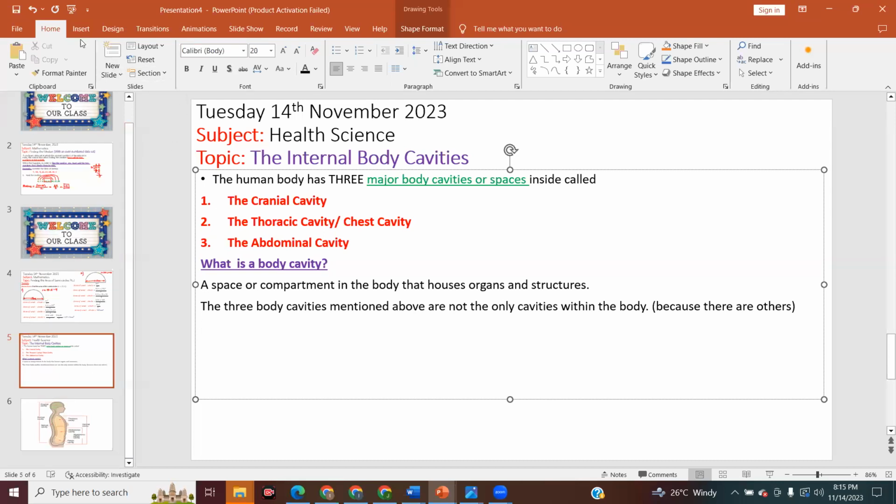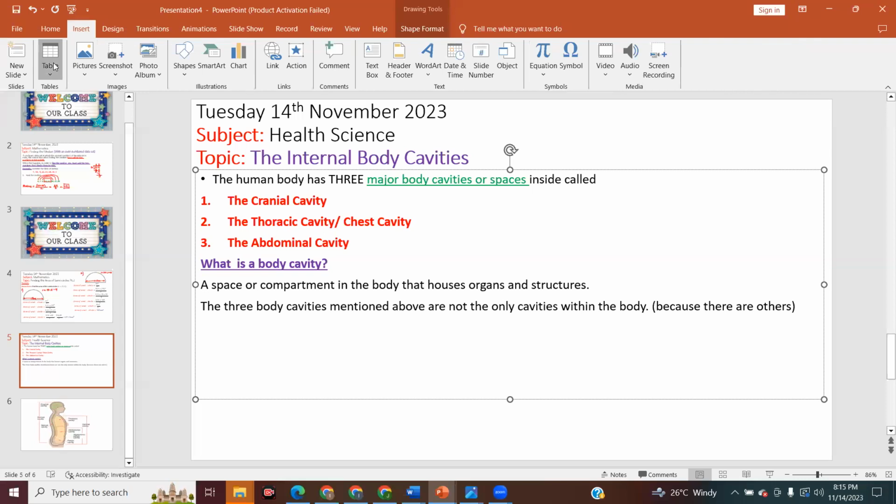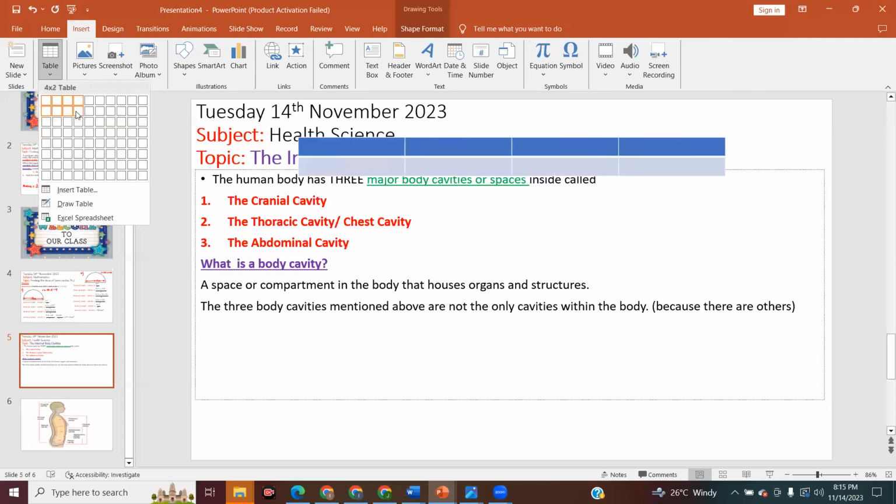Now, please draw this table. This table has 1, 2, 3, 4, 5 rows and 2 columns.